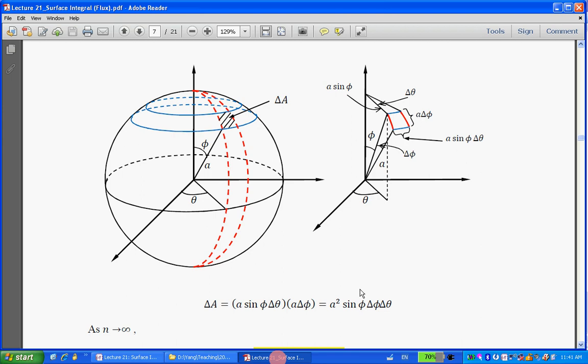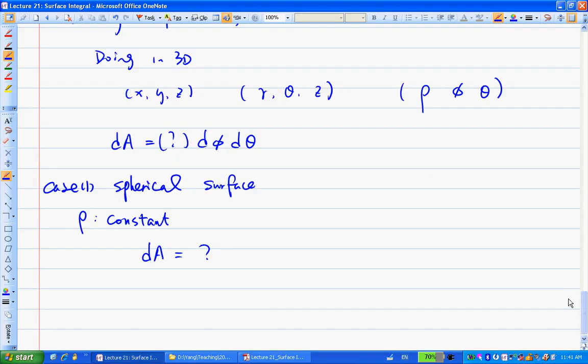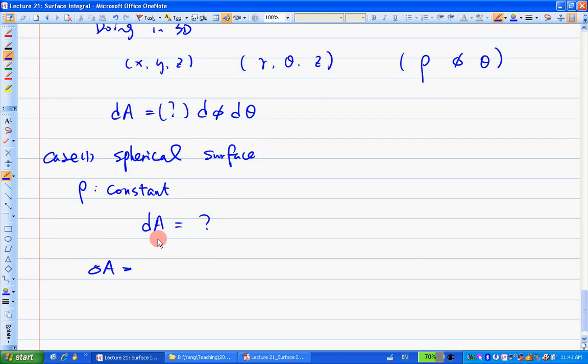In the end, you'll get this one here, but let me write it down and then explain where it's from. a squared sine phi, delta phi, delta theta. So that's the delta A, or small area, on the surface of the sphere.